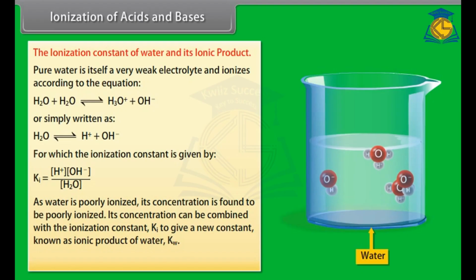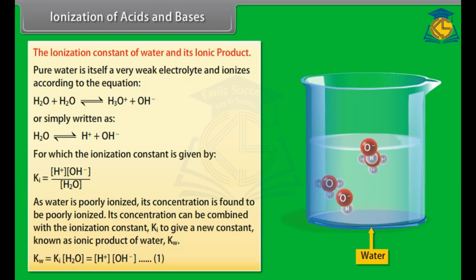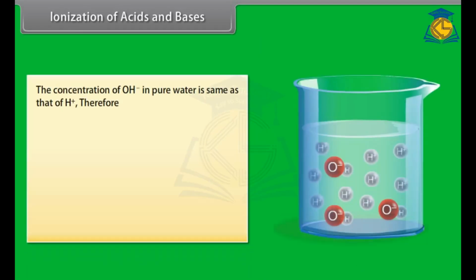Its concentration can be combined with the ionization constant, Ki, to give a new constant, known as the ionic product of water, Kw. Name it as equation 1. The concentration of OH- in pure water is the same as that of H+. Therefore, Kw is equal to [H+] squared.